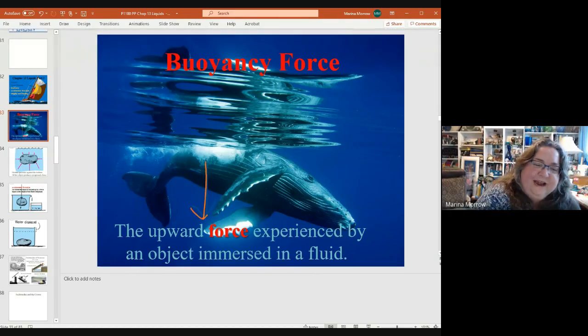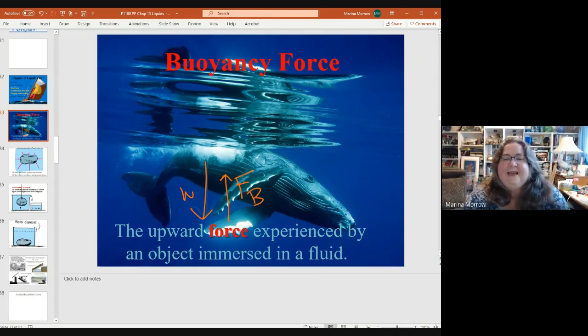There's the downward force of the weight, but there's also the upward force of the buoyancy force, which I'm going to label as F_B. And those two must be very much equal to each other, or the whale wouldn't be free to swim in the water, right? So he's buoyed up by the buoyancy force.